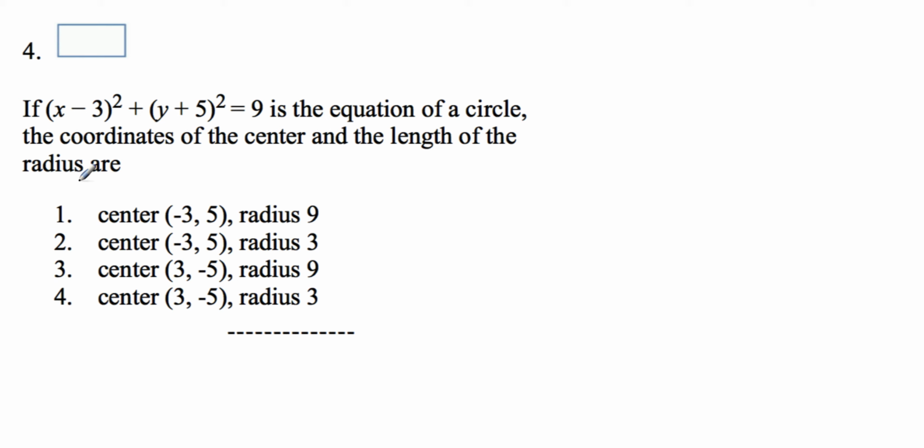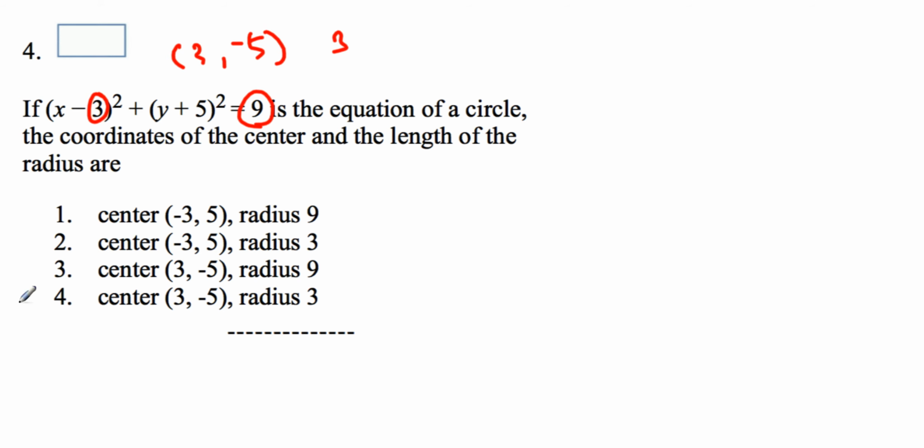Number 4. Here, by looking at the formula, center has to be x minus h. That means the 3 is the value of the center here. Since we have plus 5, that means minus 5 must be the center. 3 comma negative 5. And 9 is what we have. That means a square root of that, because this must be r squared. So radius becomes 3.